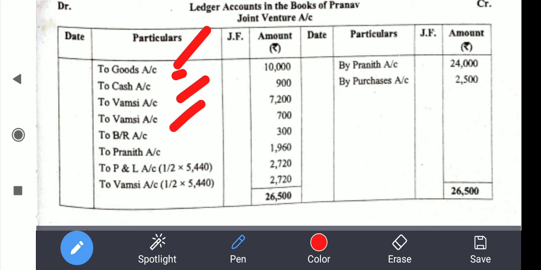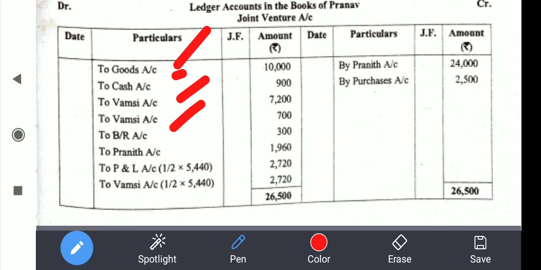So two items are related to Pranav and two items are related to Vamshi. The two transactions are, one related to goods and the second the expenditure incurred by Pranav. The third journal entry is goods supplied by Vamshi, and the fourth is expenditure paid by Vamshi.